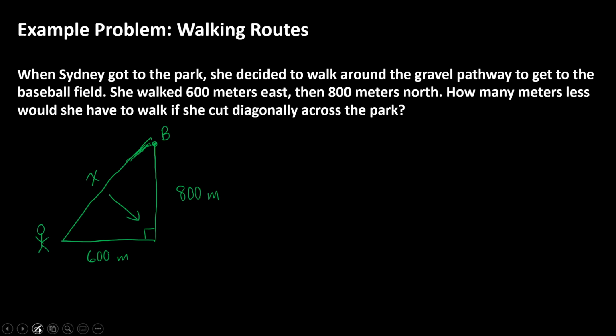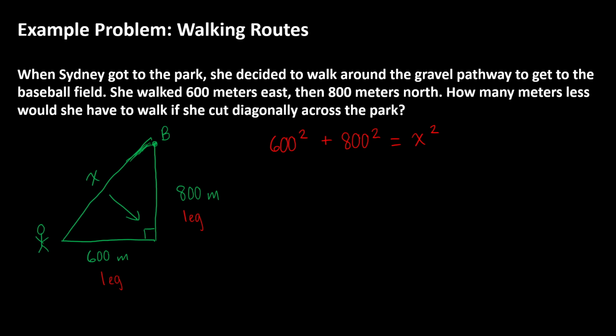So now we need to build an equation to solve this problem. So again, we know that the 600 meters and 800 meters are legs. X is the hypotenuse. So this is going to affect how we set up our Pythagorean theorem. So one leg, 600, is squared, plus the other leg, 800 squared, is equal to the hypotenuse squared, so x squared.